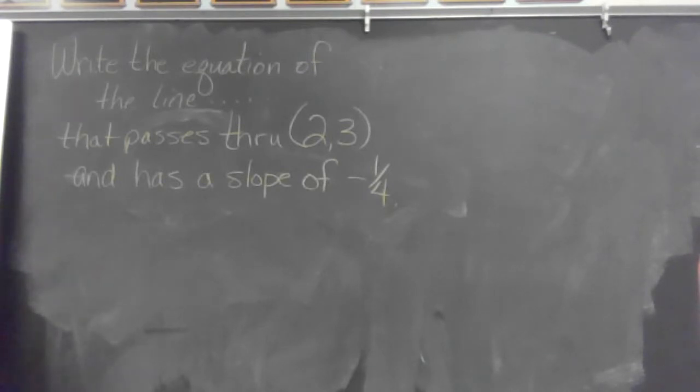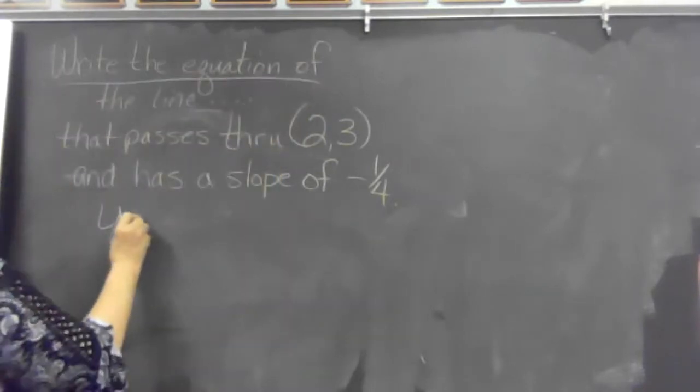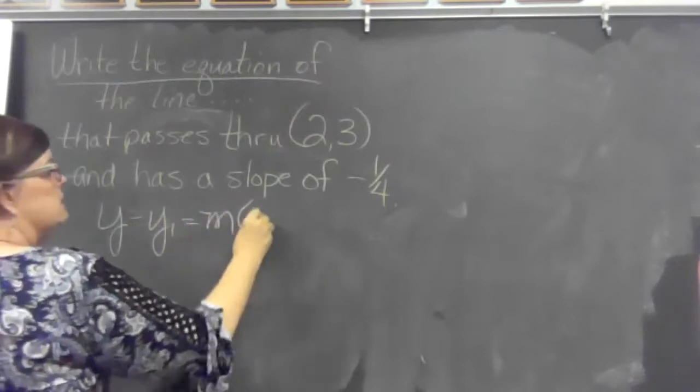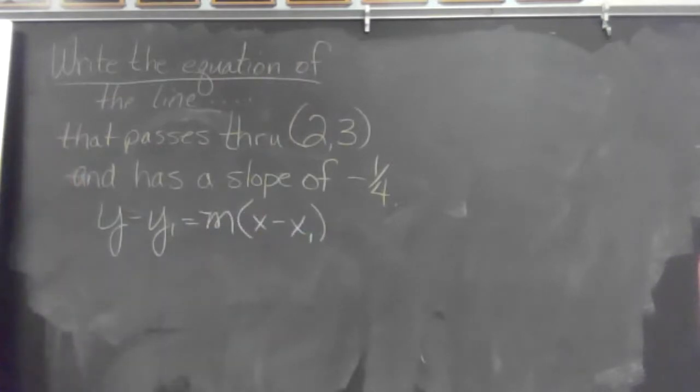So here we go. When it says write the equation of a line, we use this: y minus y1 equals the slope times x minus x1. Again, this is on your formula chart towards the bottom.